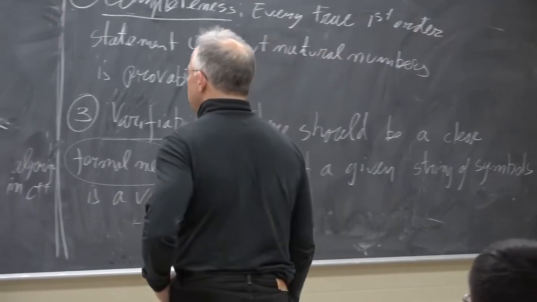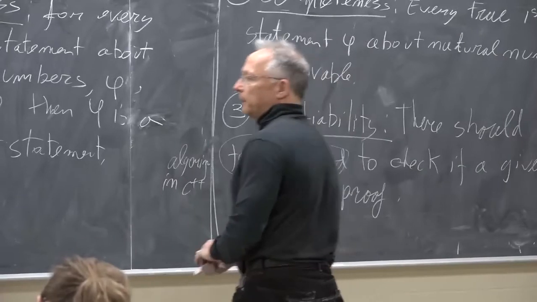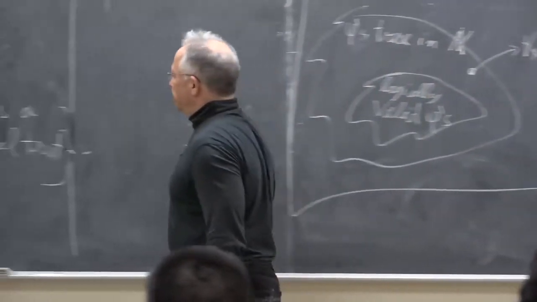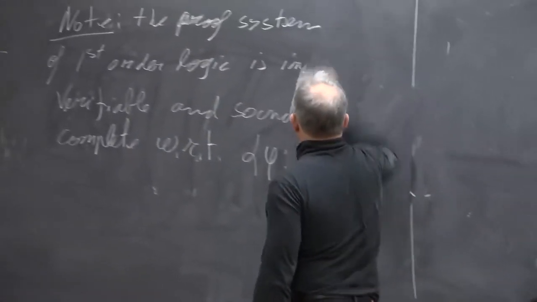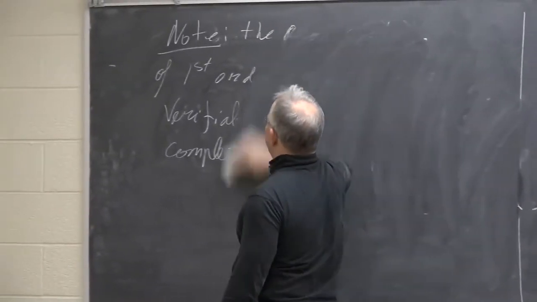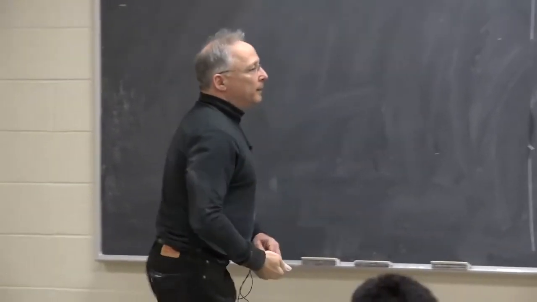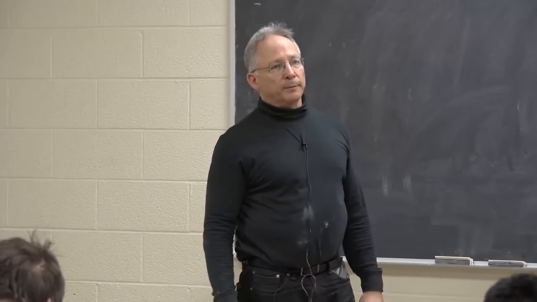Okay. So these were Hilbert's program. This is a very natural thing to ask for. And Hilbert was hoping that mathematicians will be able to come up with such a system. Now, we do have axioms for natural numbers.